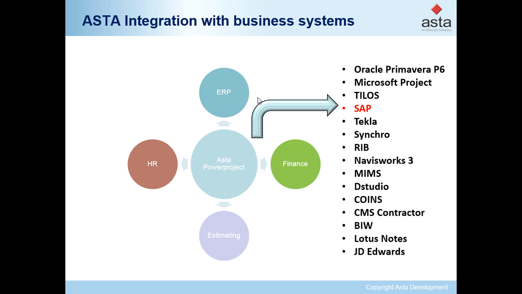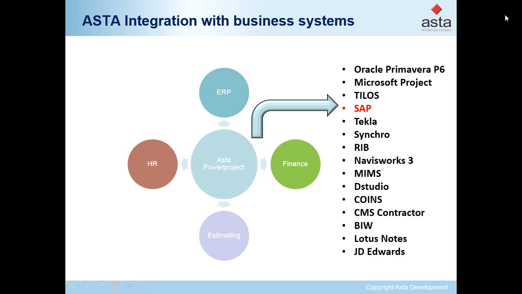When you look at Asta integration with business systems, it is designed to be able to share data with other project management software such as P6, Microsoft Project, well-known systems, and ERP systems such as SAP, and financial systems such as Microsoft Dynamics, and 4D design software such as Navisworks, Tekla, and Synchro, and for other BIM solutions.